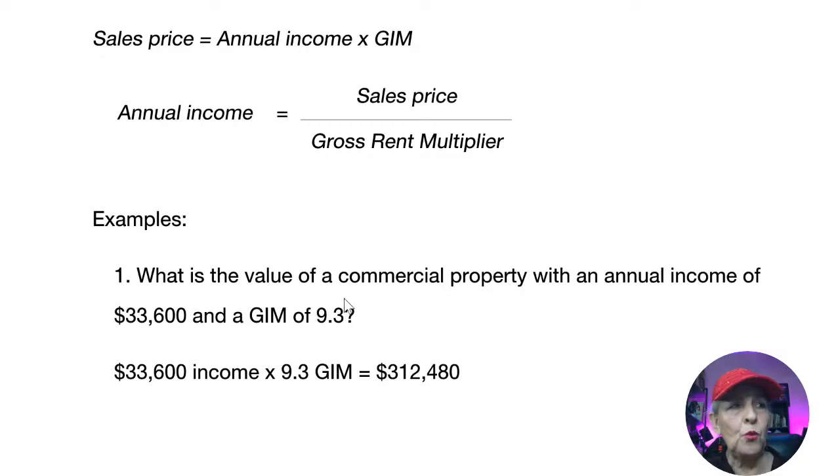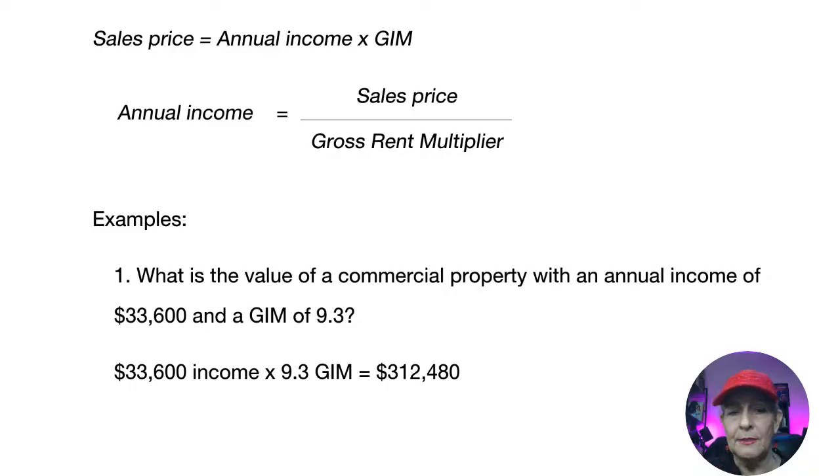Examples. What is the value of a commercial property with an annual income of $33,600 and a GIM of 9.3? So we have two factors, right? We have the sales price and we have the GIM. So would this be the formula? Because we have the annual income and we have the GIM.